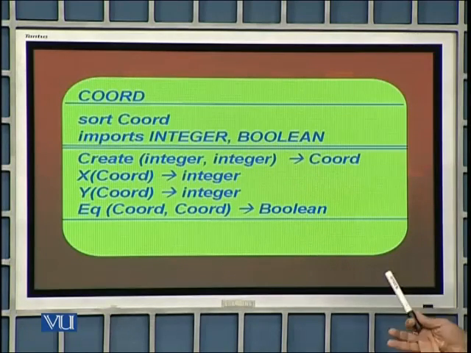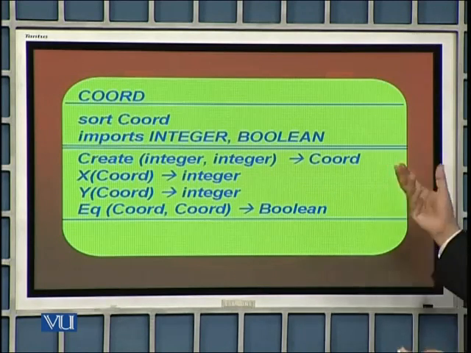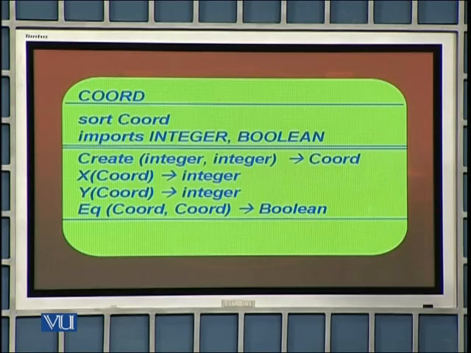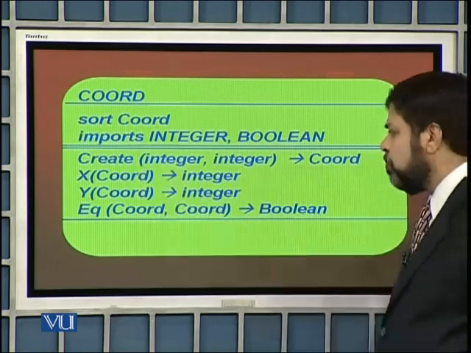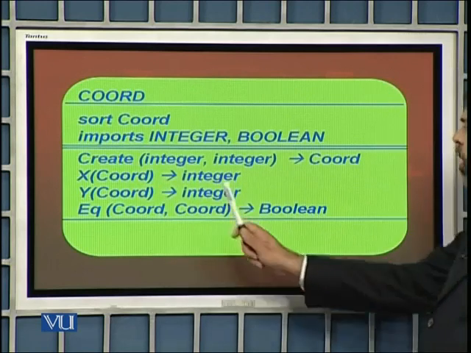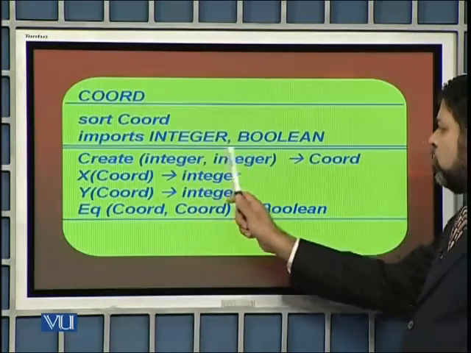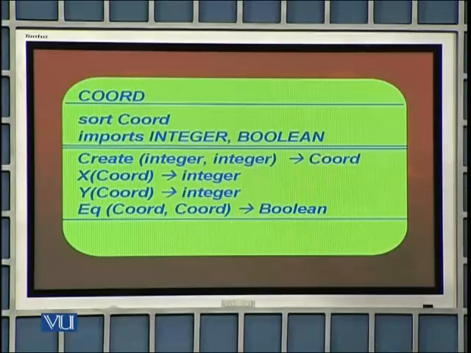So this is basically a Cartesian coordinate where we have two components, x and y components of a Cartesian coordinate, which can be used to define a point and things like that. So we have the create. Create method takes two integers and it gives us a coordinate.